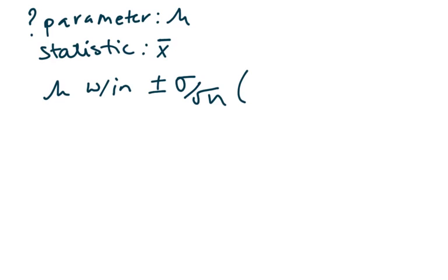We're going to add in that finite population correction factor, n over capital N. And we're going to multiply that by 2 because it's within 2 standard deviations of the mean. So mu is within 2 times that.